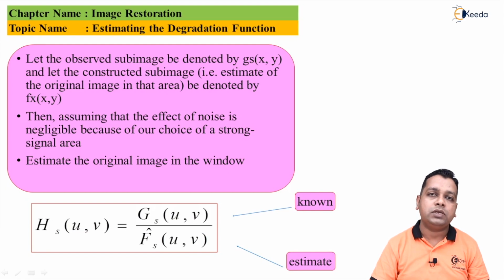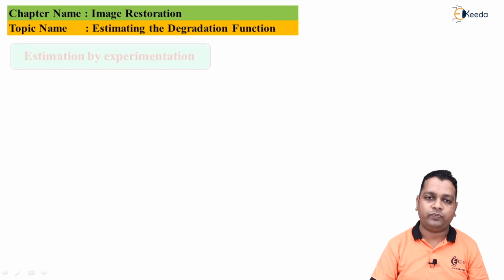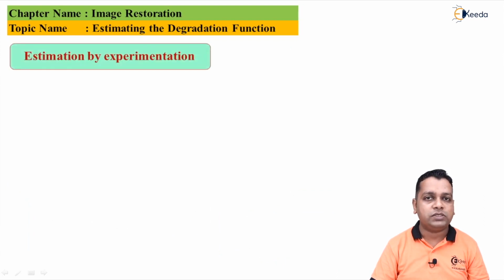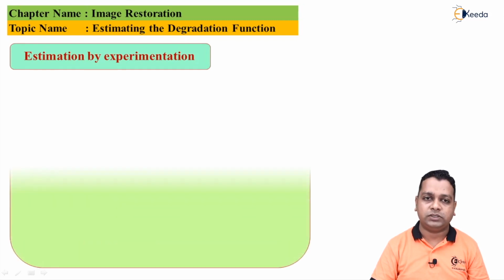In this ratio representing the degradation function, the numerator is of known values and the denominator will be the estimate. Now we shall be discussing the second approach, experimentation, for the estimation of the degradation function.